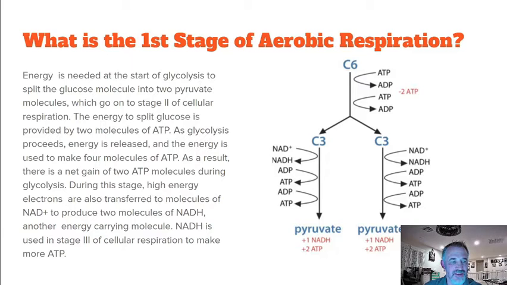During this stage, high-energy electrons are also transferred to molecules of NAD, making NADH, which is very similar to what we talked about with photosynthesis with NADPH or FADH. The energy-carrying molecule NADH is used in stage 3 of cellular respiration to make more ATP, as we're going to see.